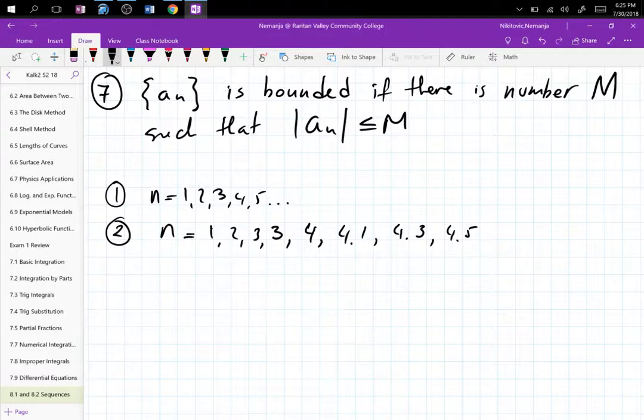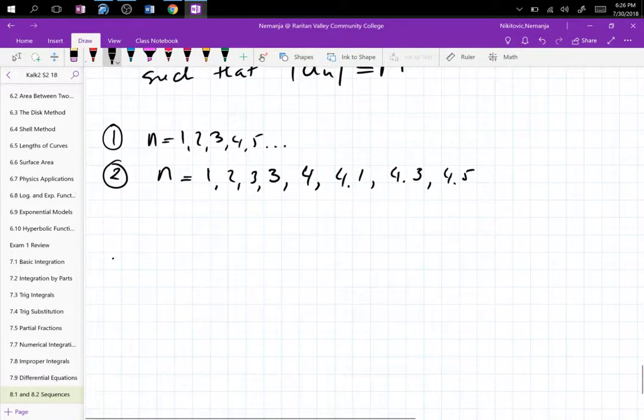All right, good. Now, both of these are increasing, but the second one, look, 3 and 3 over here. And if you have 3 and 3, so this is just non-decreasing. That's what its name is.